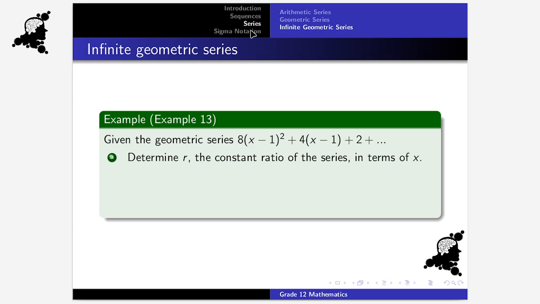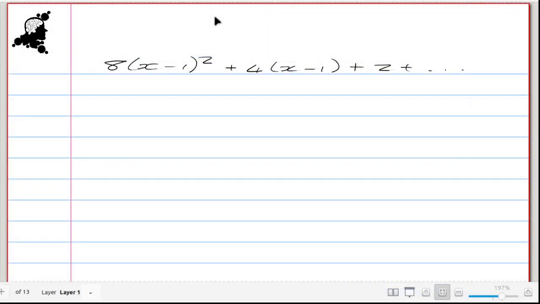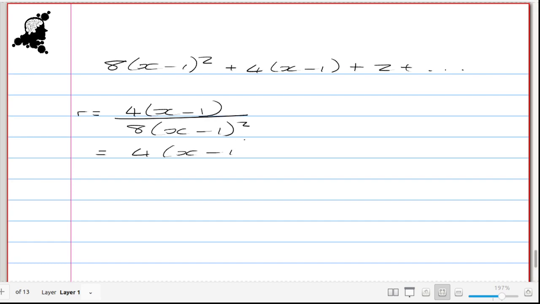We are told that this is a geometric series or geometric sequence, so we can safely assume that R does exist. Let me take T2, so R is equal to T2 divided by T1. This is going to give me, let me just simplify this, 4 into x minus 1.